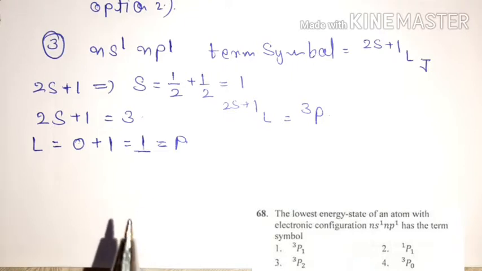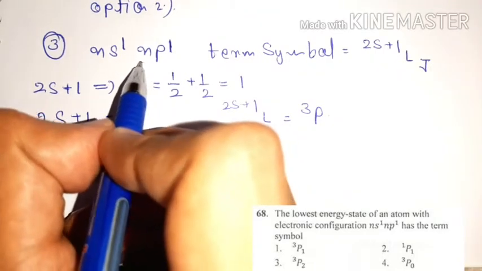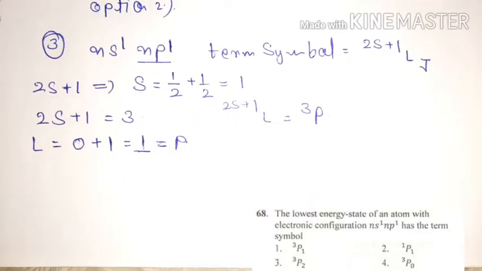The condition says that if the orbital is less than half filled, then the value of J will become L minus S, and if the orbital is greater than half filled, then the value of J will become L plus S. Here you clearly see that the electronic configuration is np1. The p orbital will be less than half filled.